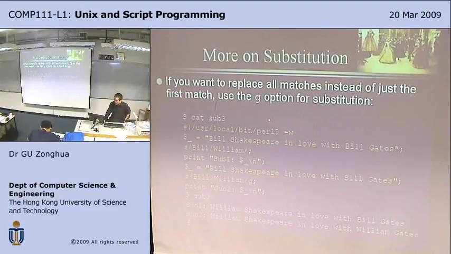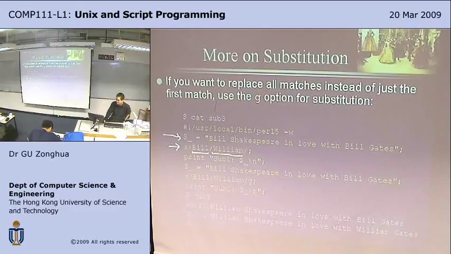Can we replace all matches instead of just the first match? Use the G, which means global, during substitution. So you have the string $_, and then you substitute Bill with William, substitute the first part of the regular expression with the second part.